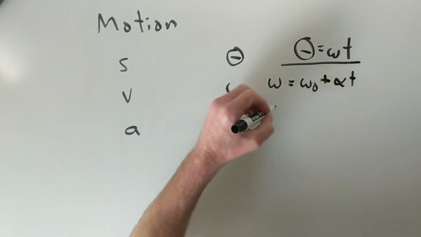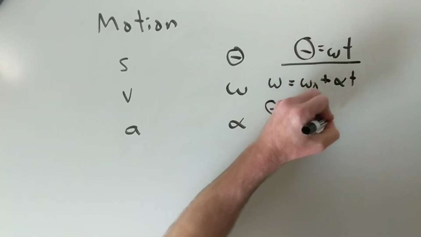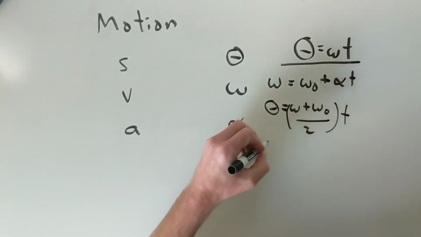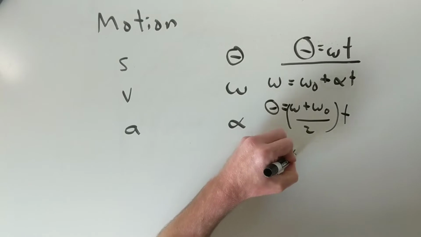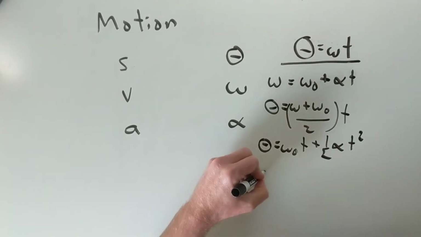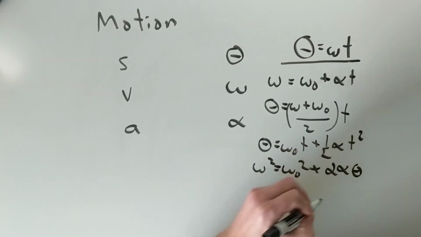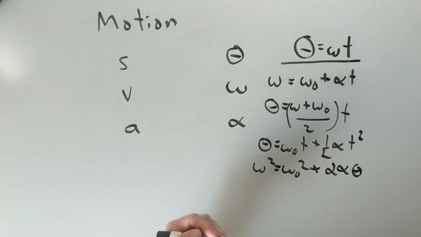Omega equals omega naught plus alpha t. Theta equals omega plus omega naught divided by 2 times t. Theta equals omega naught t plus 1/2 alpha t squared. And omega squared equals omega naught squared plus 2 alpha theta. All of those are mirrored from the equations we would have for normal kinematics with constant acceleration.